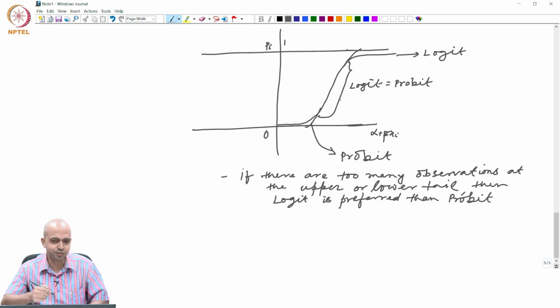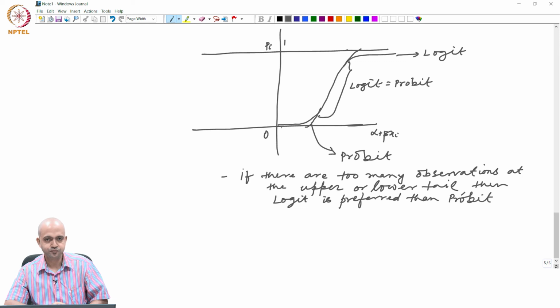That is why we use logit or probit alternatively, but actually that is not the case. If your sample has too many observations in the tail, either upper or lower, then you must use the logit model, not the probit one.